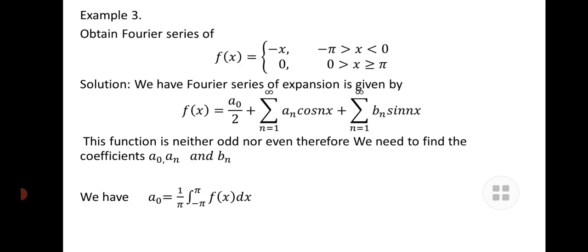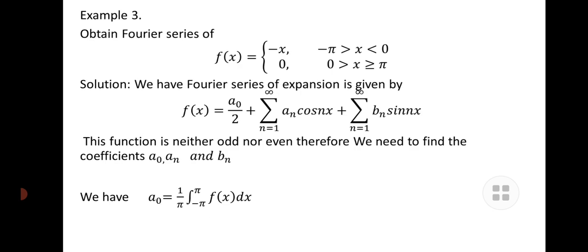Therefore, we need to find the coefficients a0, an and bn. The function is neither odd nor even because the interval is between minus pi and pi, so in that case we cannot say that it is even or odd.